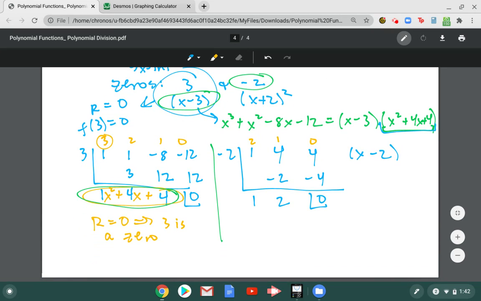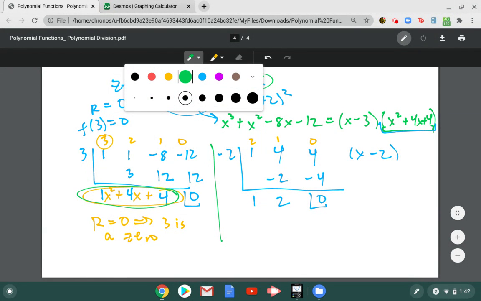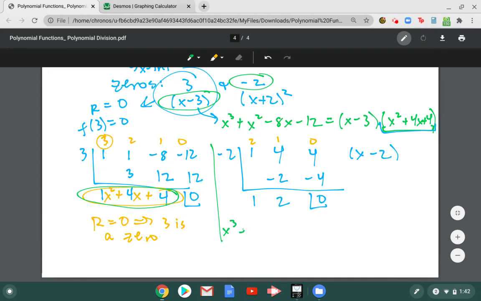So I can say even further that that polynomial function, x cubed plus x squared minus 8x minus 12, is equal to x minus 3 times x plus 2, since that went in evenly, times whatever quotient I've got left here.